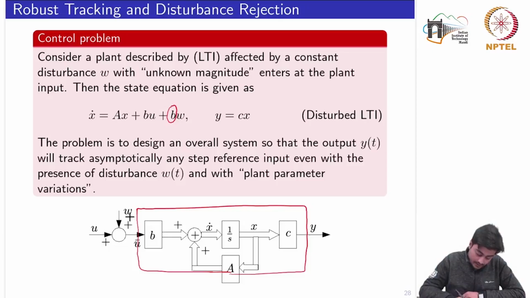So we can expect that if we have not taken into account the significance of this signal on the response, then we won't be able to achieve the desired objective, either in terms of the desired rate or the regulation or the tracking. So we need to solve this problem where we have this w of unknown magnitude, so that we are still able to achieve the tracking and the regulation.